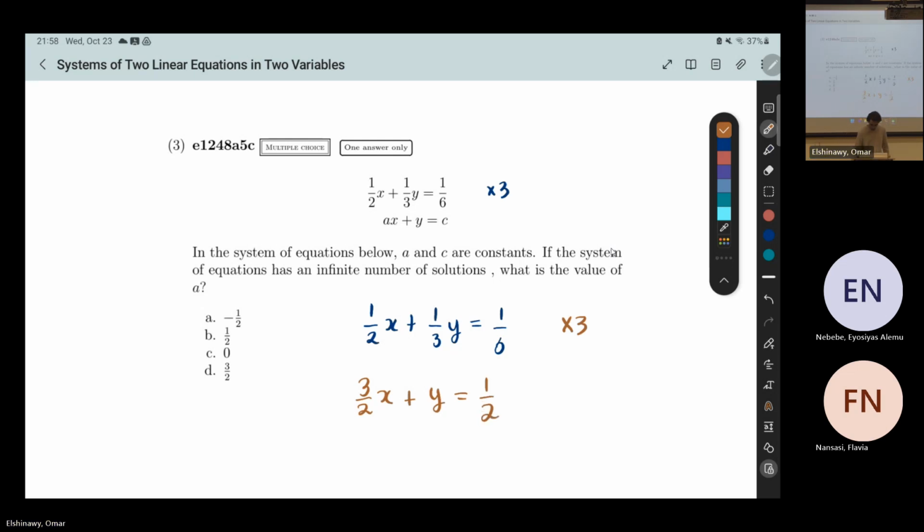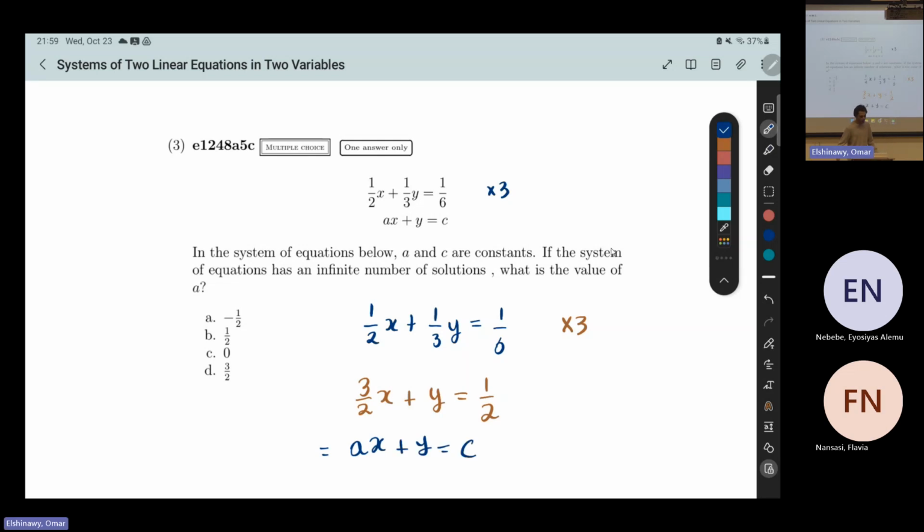Then here's what happens. Yeah, so we know that we want to have an infinite number of solutions. So we assume that they are the same line. So we assume that this equation is equal to that equation. It's equal to ax plus y is equal to c.